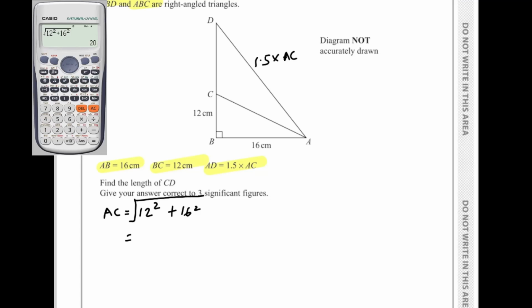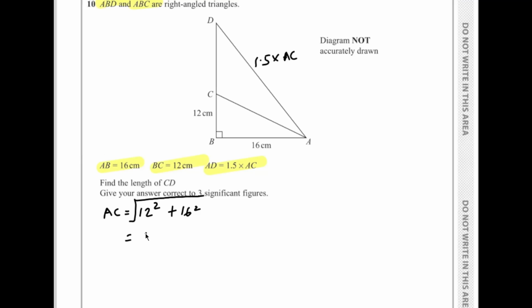So the answer for this one is 20 centimeter. Then we got what AC is. AC is 20 centimeter.